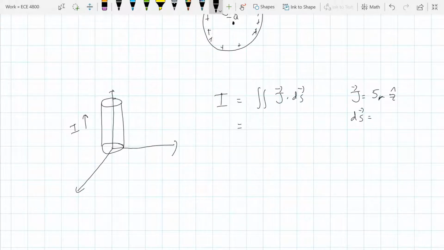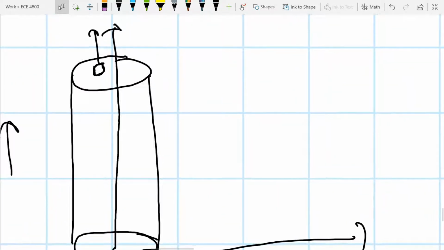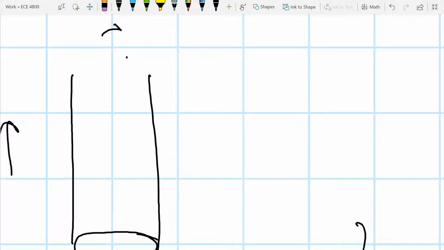And let's also write down ds. Okay, what's the magnitude of ds? So ds is going to be one of the little patches of area on the cross section of the wire. So the magnitude is going to be r dr d phi, and the direction? Z hat. Right. Again, imagine a small patch on the cross section.